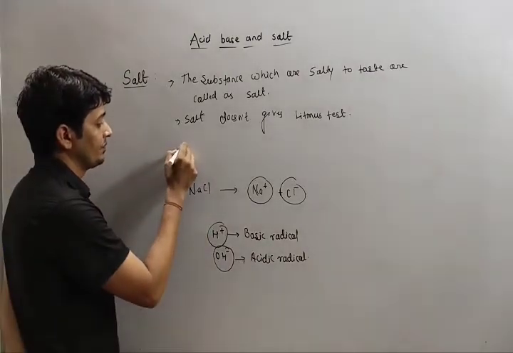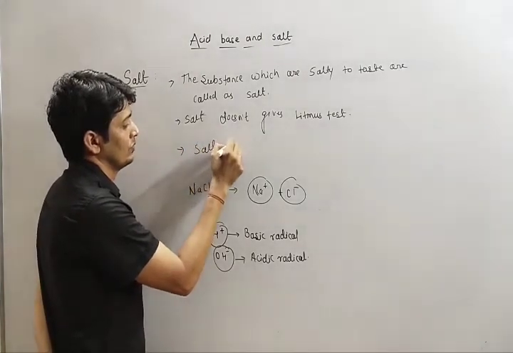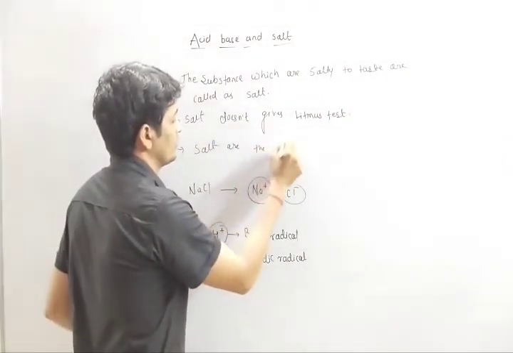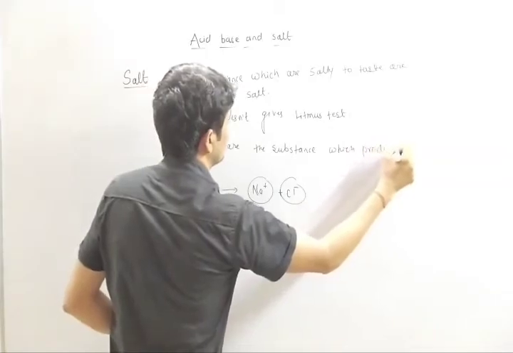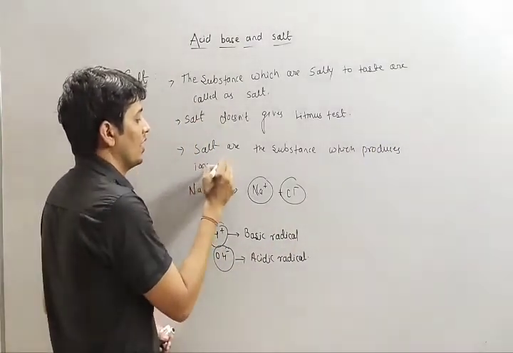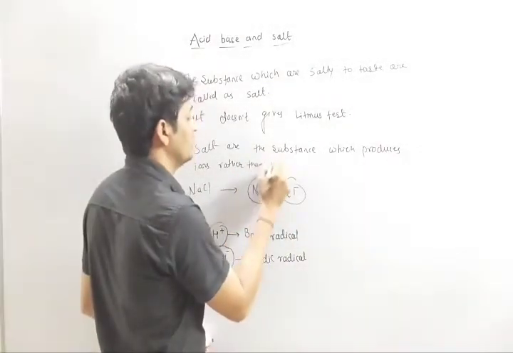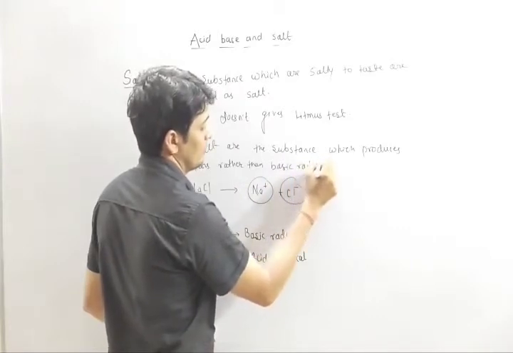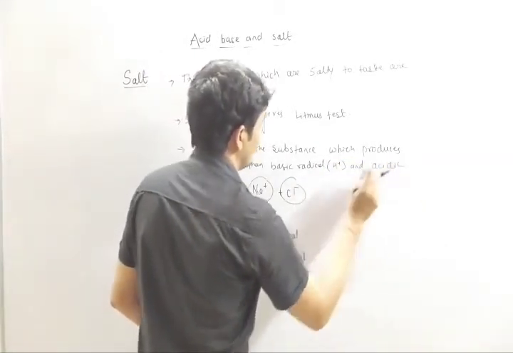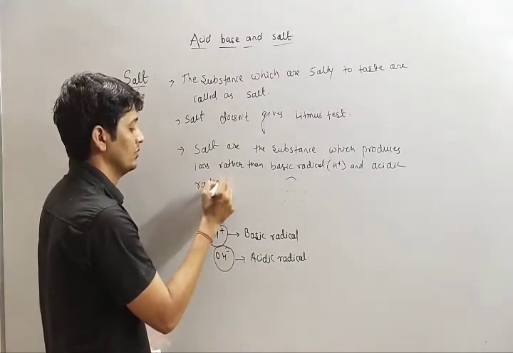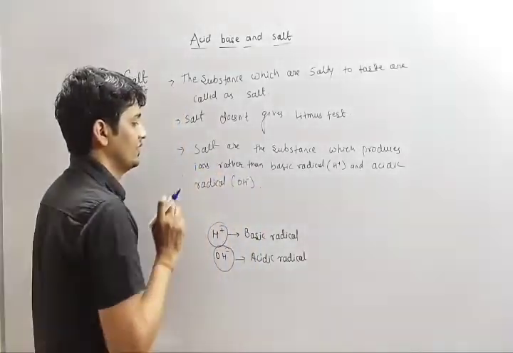Okay, so now third, on the basis of ions. Salts are the substances which produce ions rather than basic radical, that means H positive ion, and acidic radical, acidic radical means OH negative ion, are called salt.